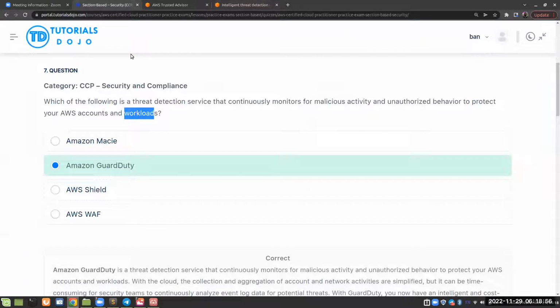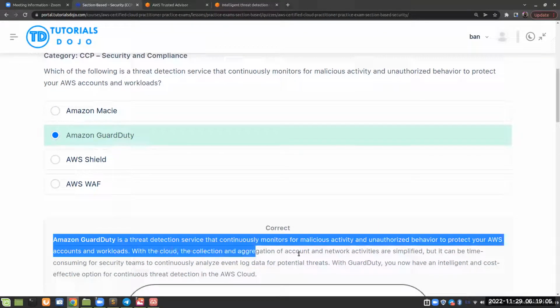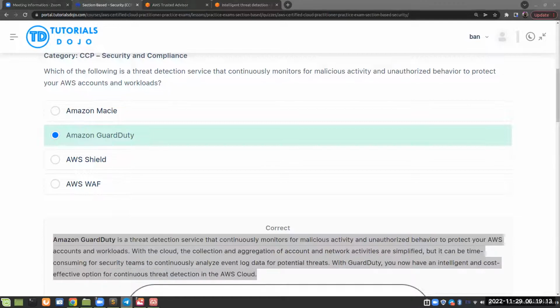So this is the opportunity again to remember what GuardDuty is, and it's very important. All the services that we see here that we're revising for your exam are important. So I'll just put on chat what GuardDuty is again.